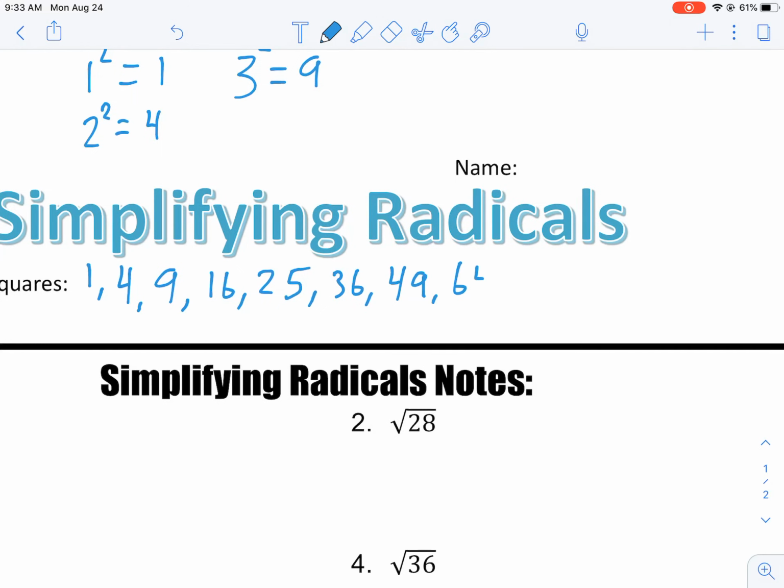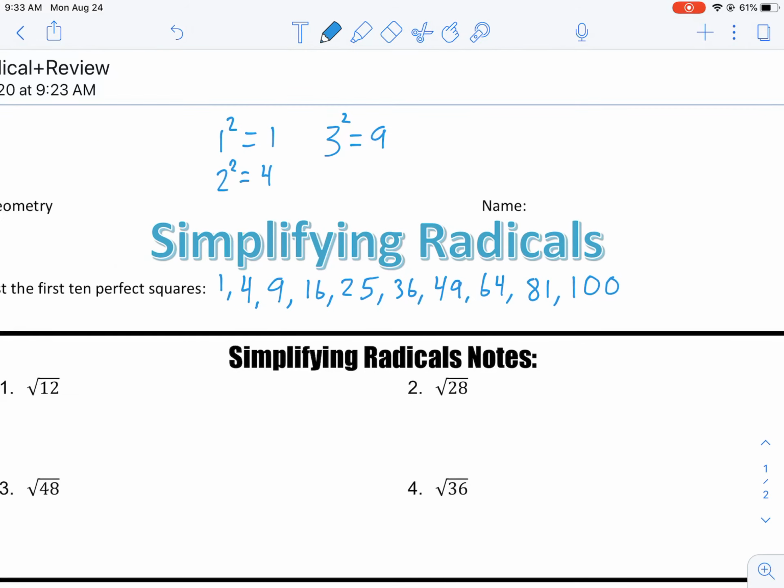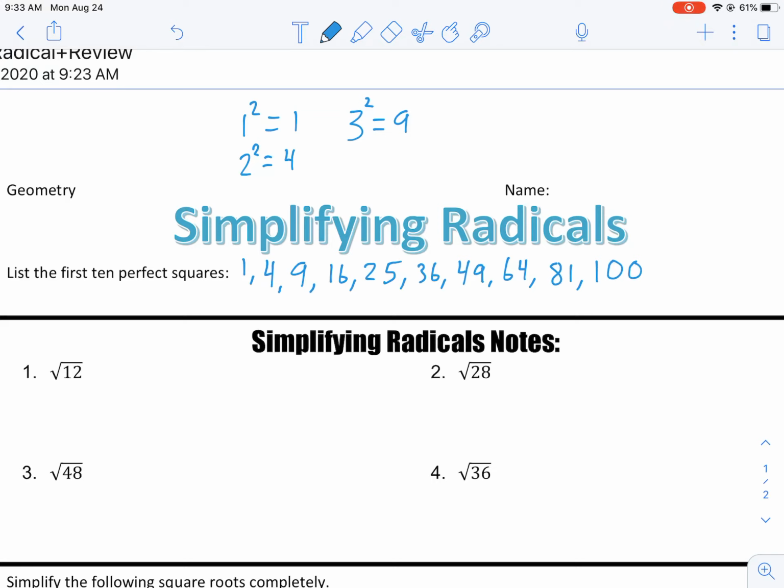And then 10 squared is 100. So you can keep going forever. The next one's 121, they keep going up. But those are the first 10. We're definitely not even going that high. But it's important to know these numbers, to be able to recognize them.